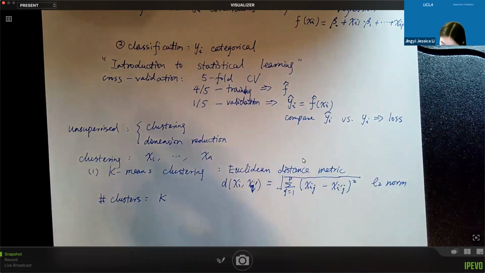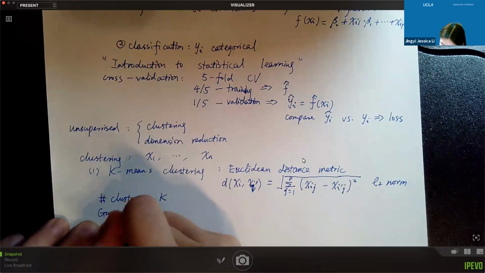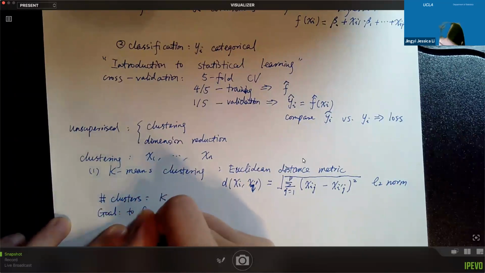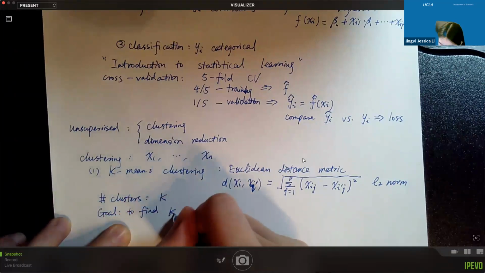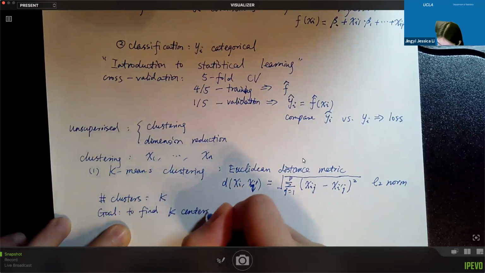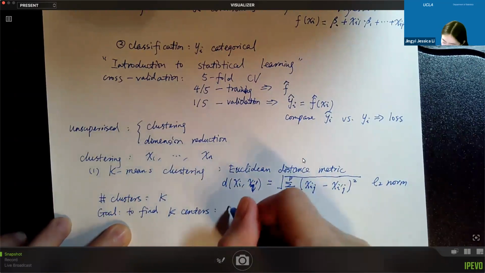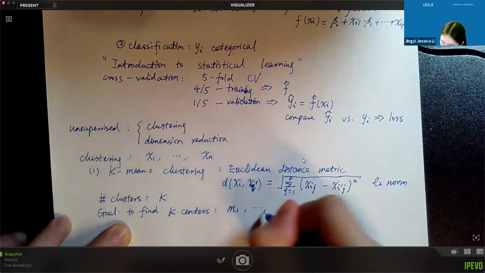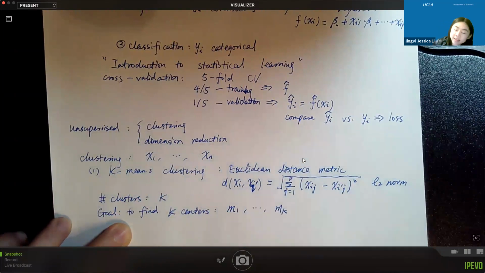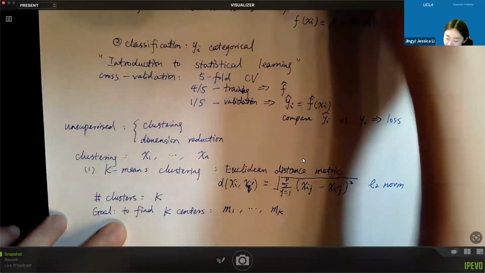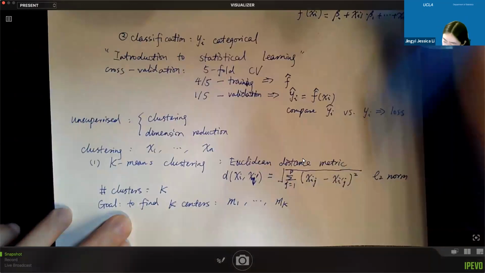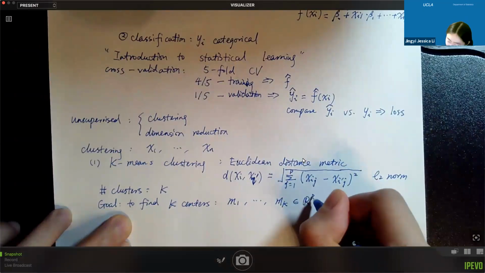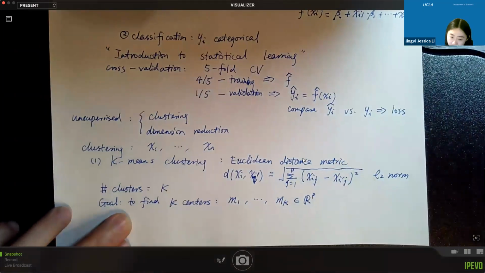So the goal is to find k centers, which we'll call M1 to Mk. The k centers are also p-dimensional vectors in the same p-dimensional space as my data points.